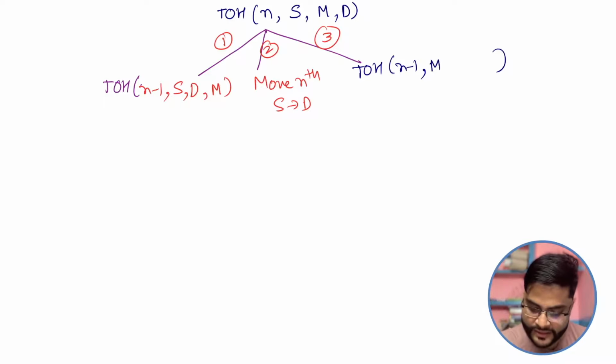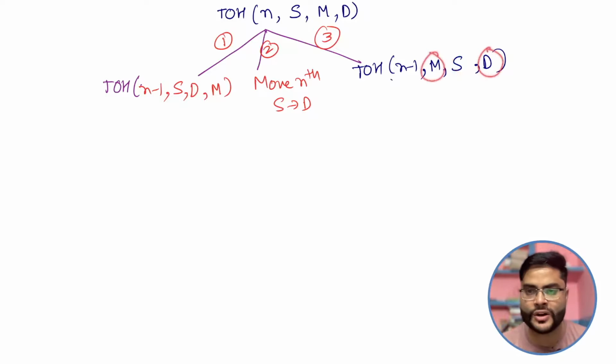So middle will be our source and destination will be our destination, and S will act as our helper rod. I will write it for n minus 1. Just take care of the source and destination rods, and the remaining rod is our middle rod, right?